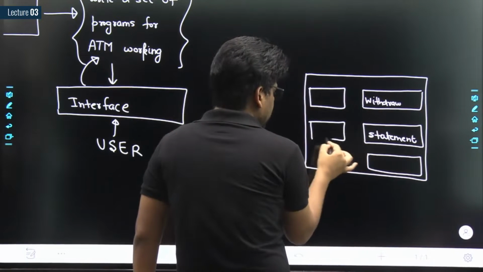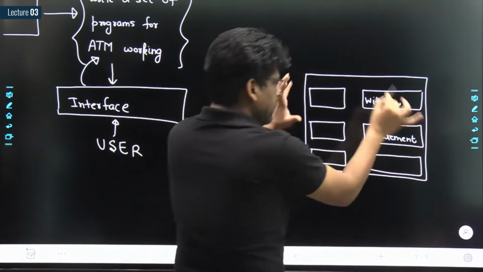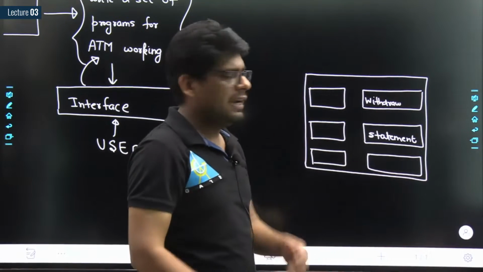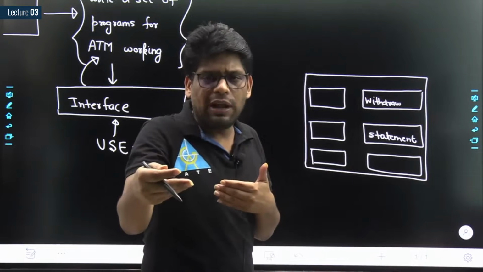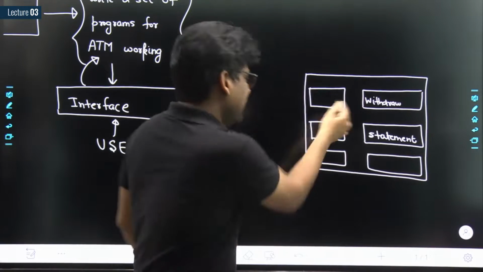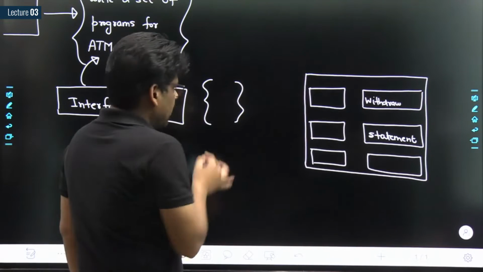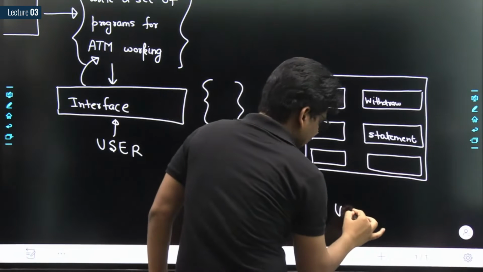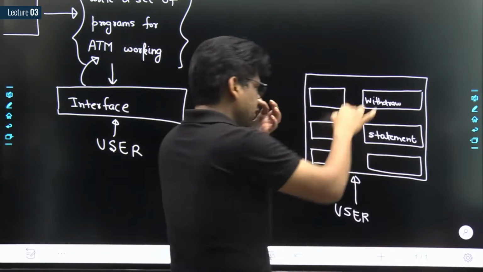Am I right or not? Whenever you went to an ATM machine, you see a window like this. You see some interface like this. Where are the programs? Are you looking at programs? No, sir. In the background, a set of programs are there, written by some programmer, and the user is only using this kind of interface.